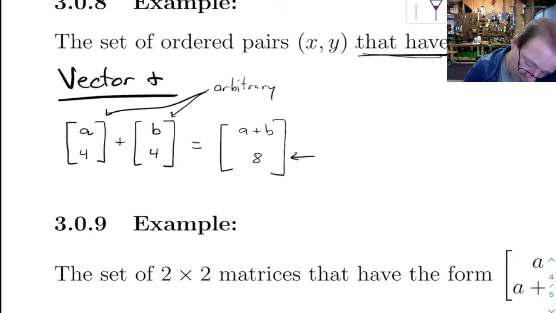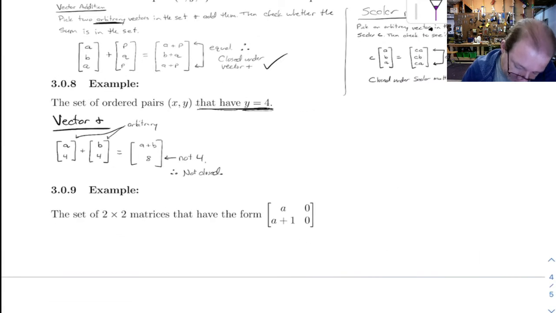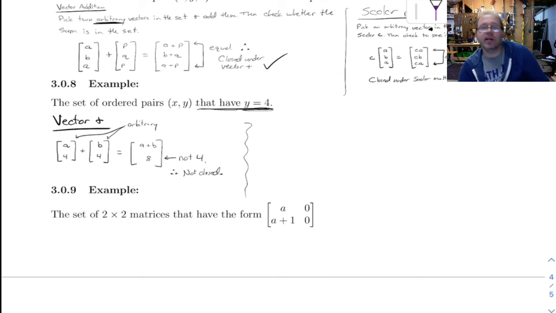No. So not 4, therefore it's not closed. And really, if our only desire here was to say, is this a vector space or not, we could stop at this point and say, no, it's not a vector space. But I want to check scalar multiplication as well, just as practice.